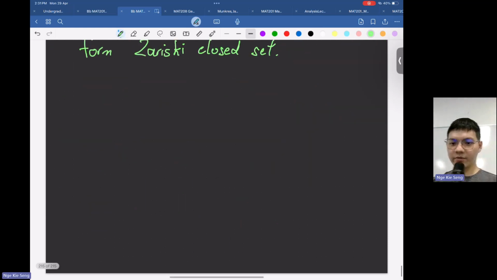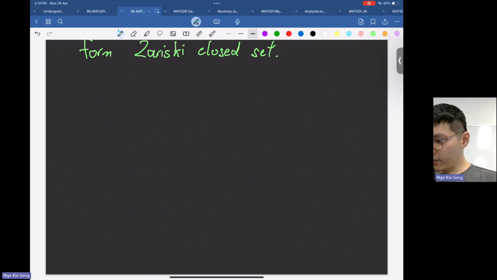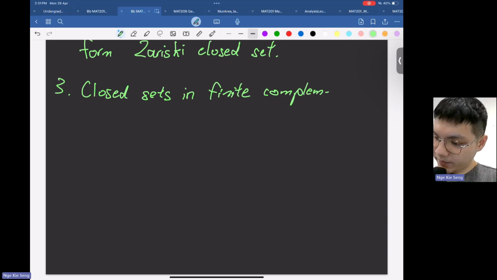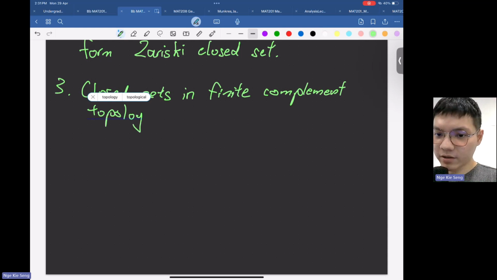What other example can we give here? For example, what are the closed sets in the finite complement topology of X? Can anyone recall what the finite complement topology is?